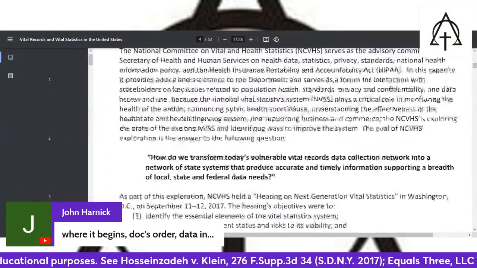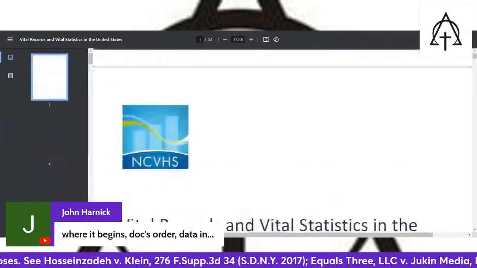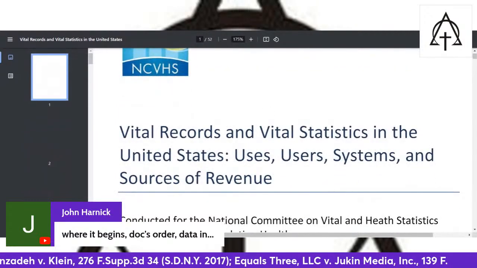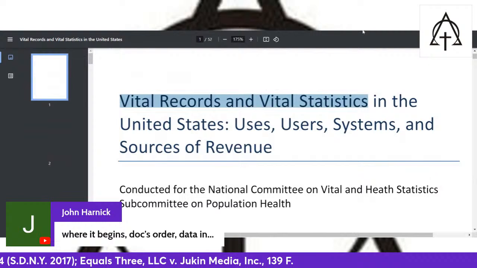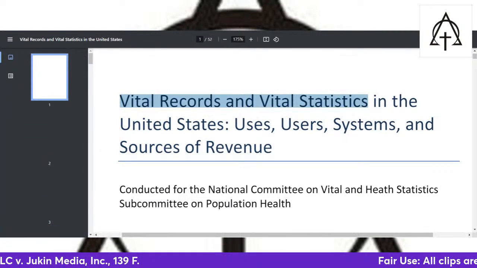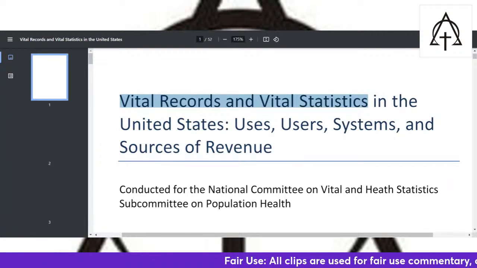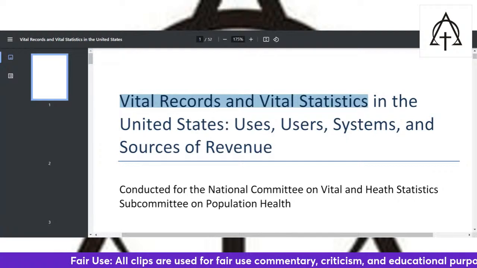So let's take a look at the next thing. Remember, I've showed you this before. This is the vital records and vital statistics in the United States: uses, users, systems, and sources of revenue.